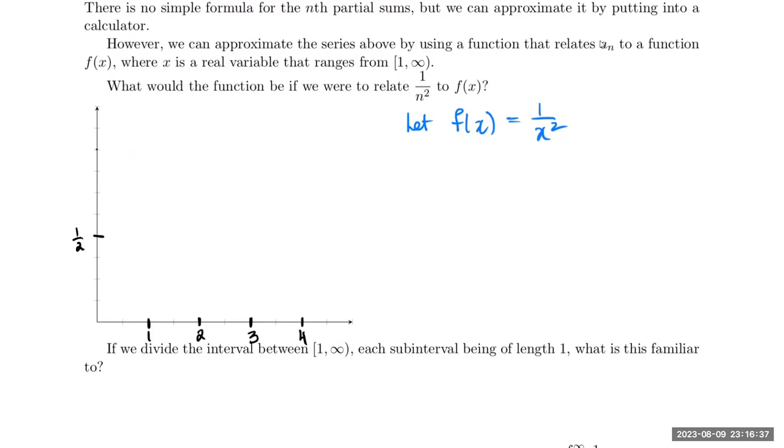And another 4, this is going to be 1. So the function, we should be a little bit familiar with this, looks something like this. So we have the shape. 2 would be 1 divided by 4, so it'd be around here. 3 would be 1 divided by 9, so 1/9 would be about over here. So it would look something like this as the function itself.